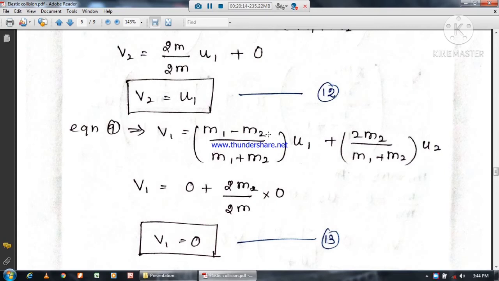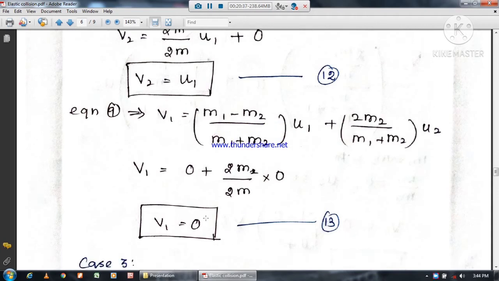So we put m1 is equal to m2 is equal to m and u2 is equal to 0, we get v1 is equal to m1 minus m2, that is m minus m, 0. So this term becomes 0, plus 2m divided by m plus m, that is 2m into 0. This term also becomes 0. So v1 is equal to 0.